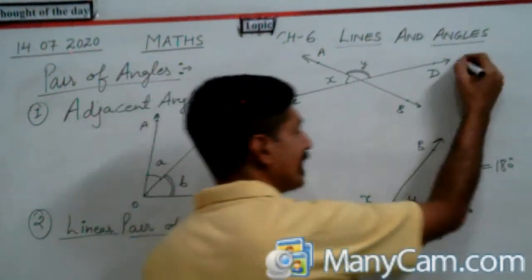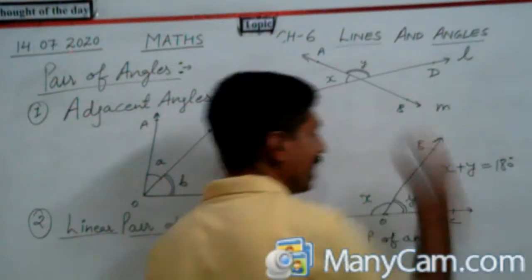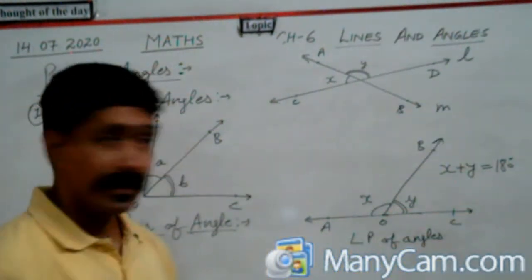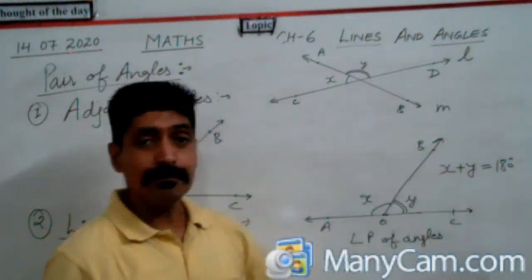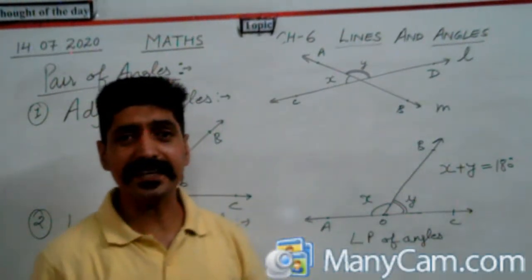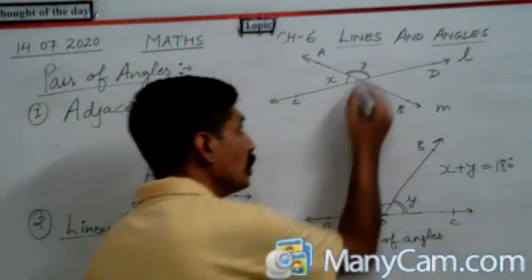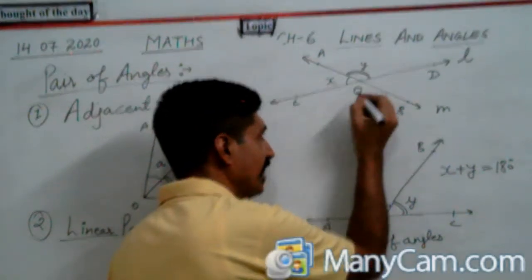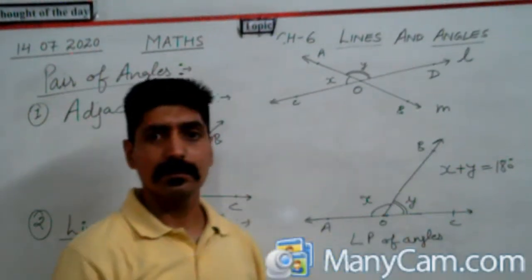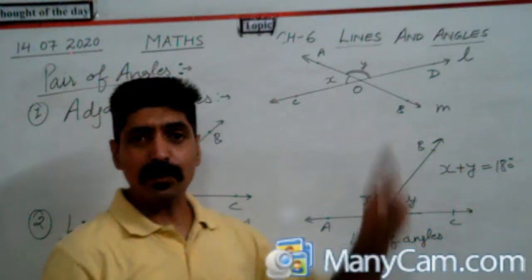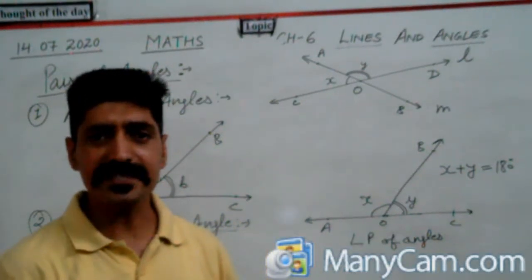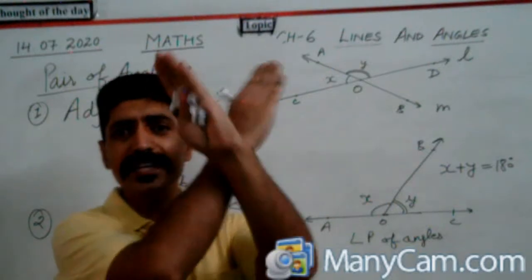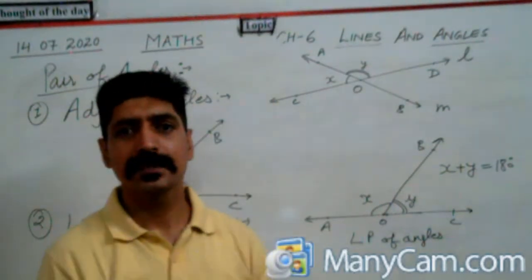Let one line be L and one line be M. Here lines L and M are both intersecting lines. Let these two lines intersect each other at point O. Meaning thereby that O is the point of intersection. Intersection means where these two lines cut each other.